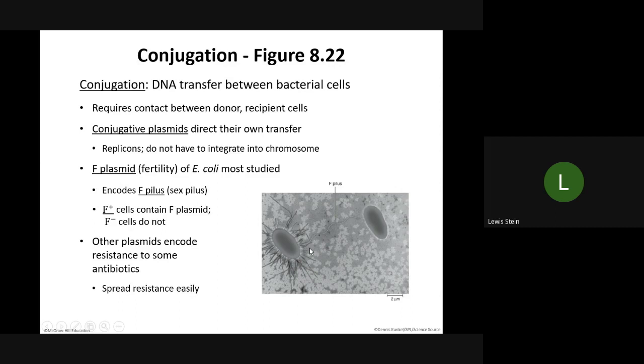But the unique part is that when the F plasmid is transferred, the recipient cell now becomes F positive. You're going to see a very unique mechanism called the rolling circle mechanism that allows the cell that's donating the plasmid and whatever other genetic material to remain F positive, even though it's in the process of transferring that genetic material to yet another bacteria. That's pretty unusual in and of itself.